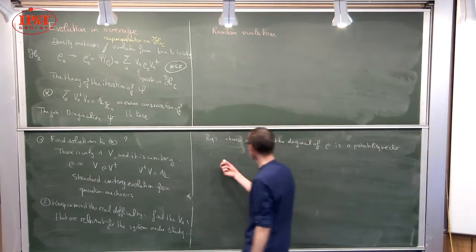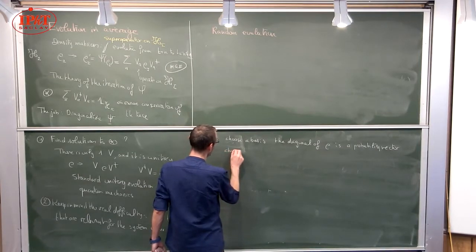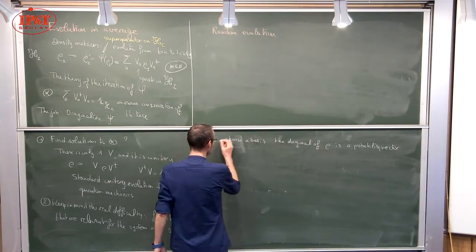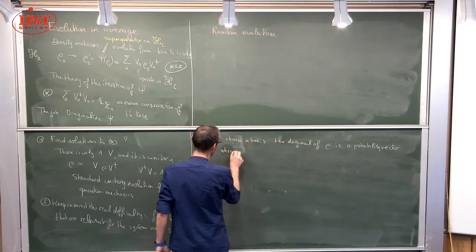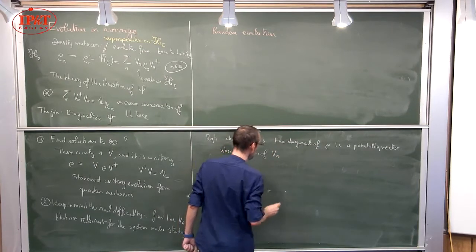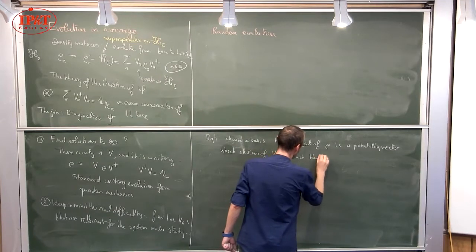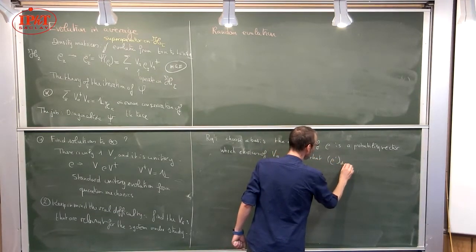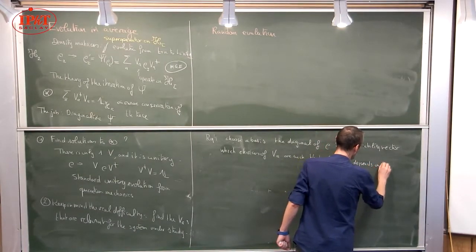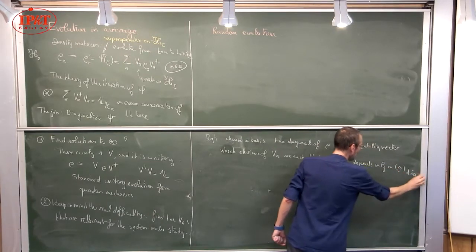And then you can ask which choices of VA are such that the diagonal part of rho prime depends only on the diagonal part of rho.